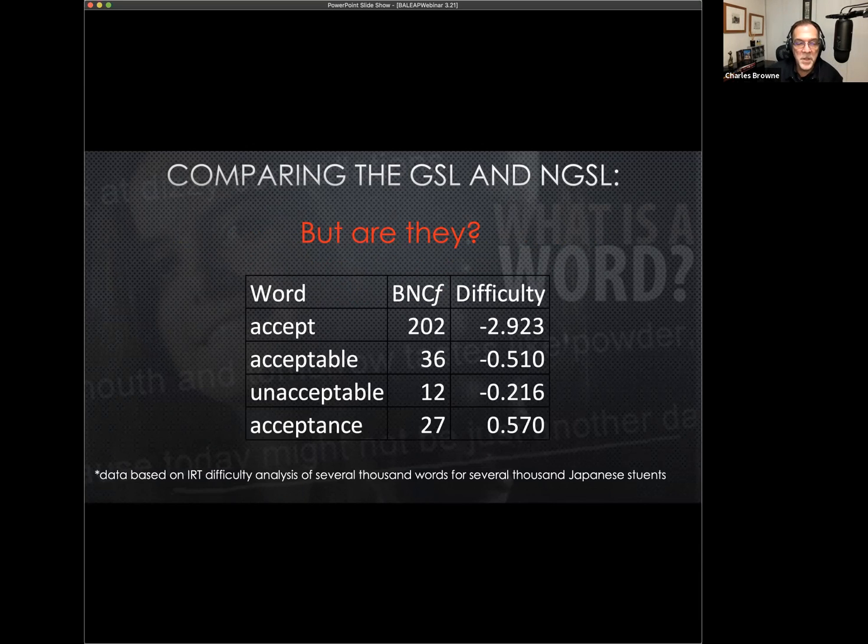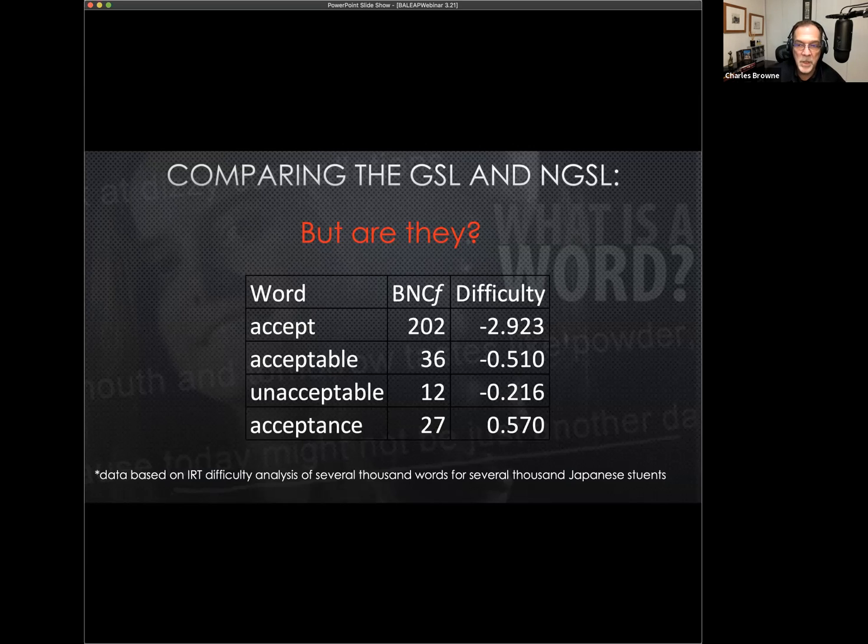So you see the word accept has a difficulty of negative 2.9, but acceptable and unacceptable have a radically different difficulty index, 0.5, negative 0.5, negative 0.2. And then acceptance is also radically different from that, about positive 0.57.